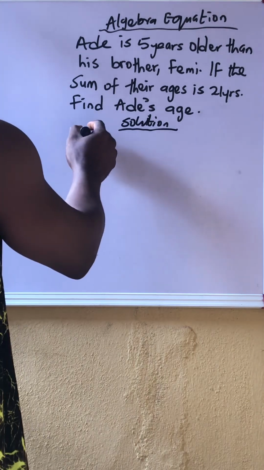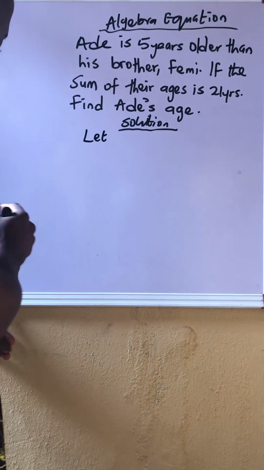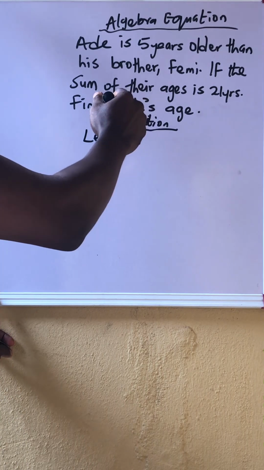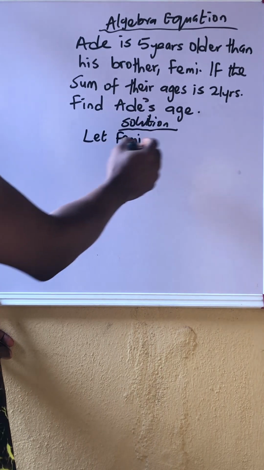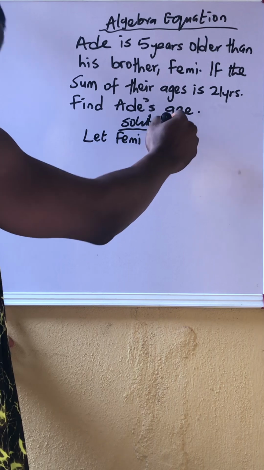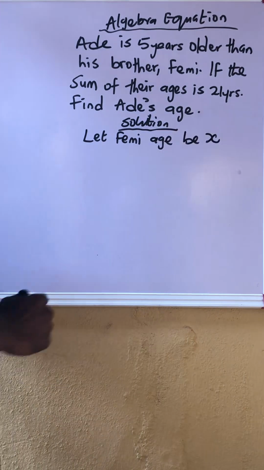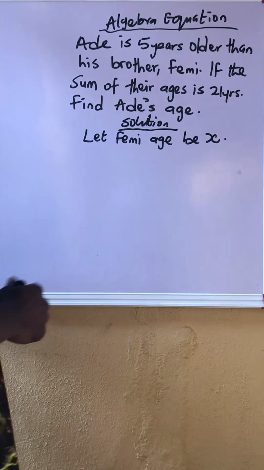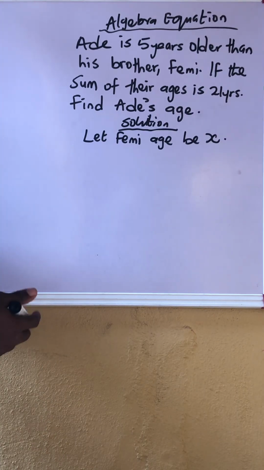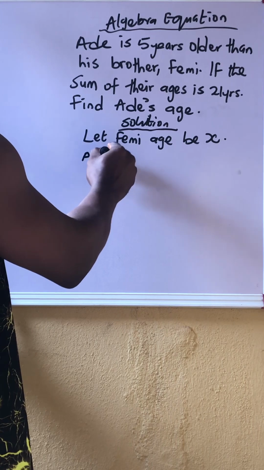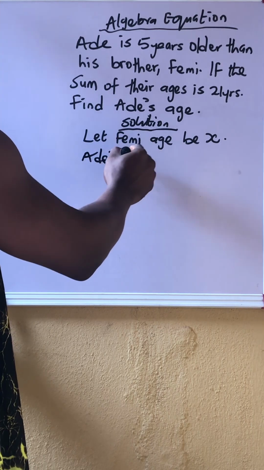So now say, let Femi's age be X. So we are going to say, let Femi's age be X because we don't know what Femi's age is. Then Ade's age will be what?